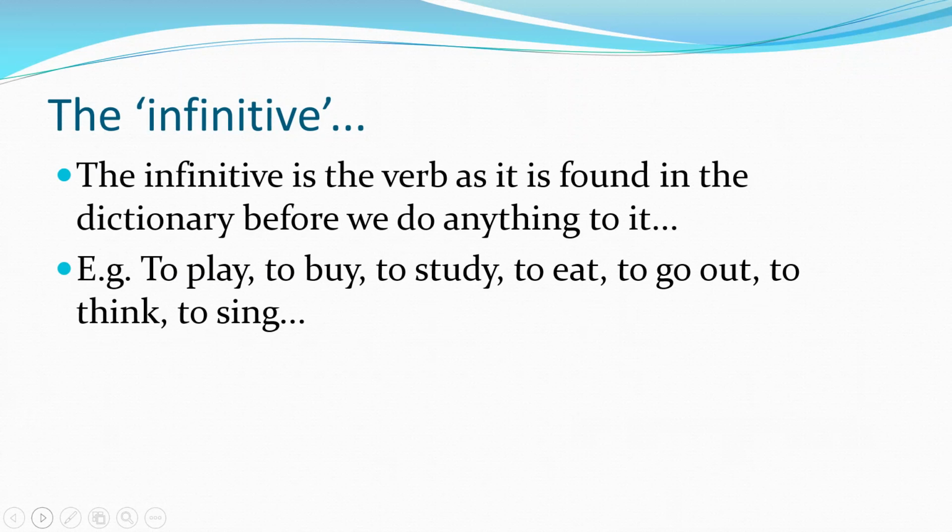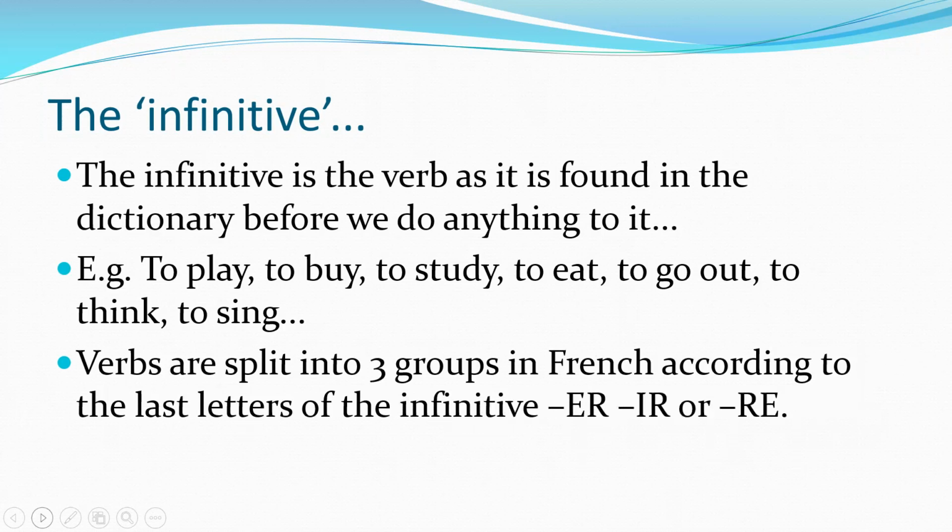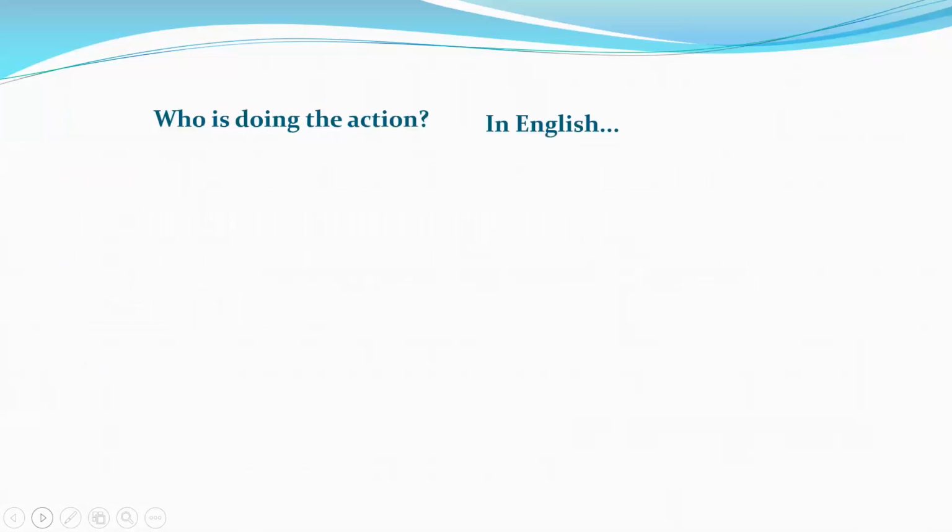The options here are infinite as to who could be doing these activities and when they take place. And verbs in French are split into 3 groups, according to the last letters of those infinitives. If you spotted them correctly in the previous screen, the last letters of the infinitives can be either ER, IR, or RE.